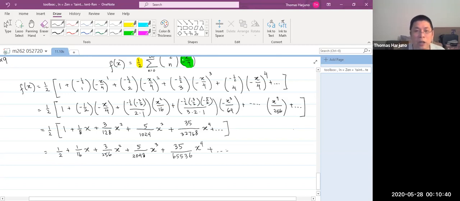So you see that as long as the magnitude of x is less than 1, this actually converges quite fast. Notice that this converges a lot faster than this one. Take a look at the ratio. You multiply by something a lot smaller, right?